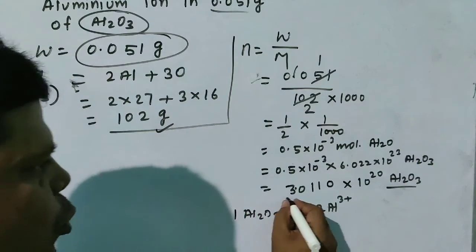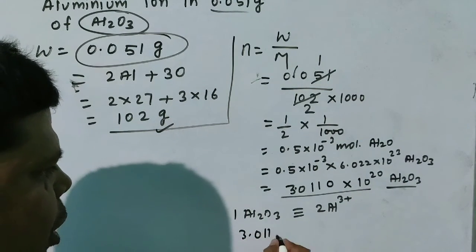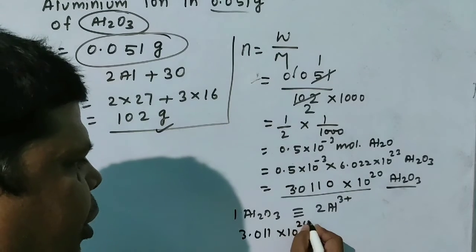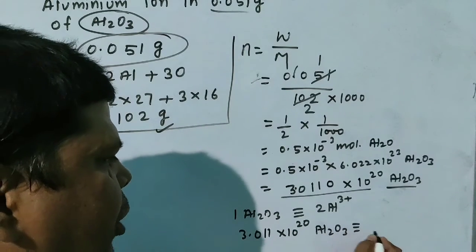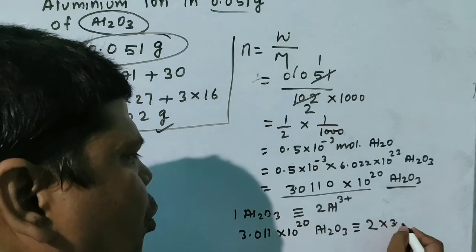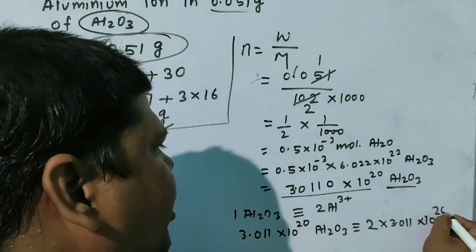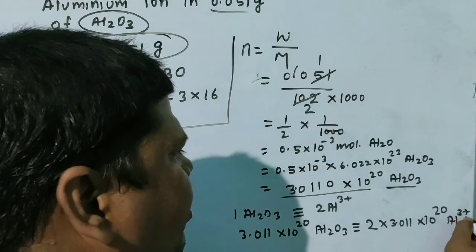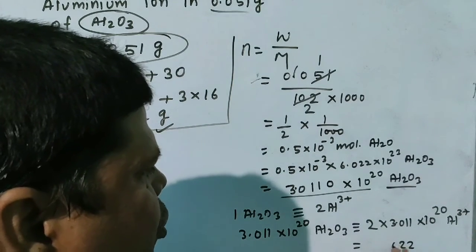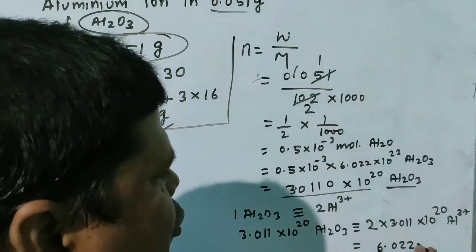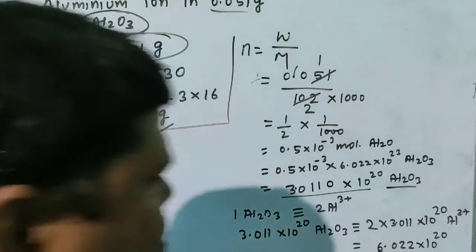So this much aluminium oxide are here: 3.011 into 10 to the power 20 aluminium oxide, it will be equivalent to 2 into 3.011 into 10 to the power 20 aluminium ions, and therefore it becomes 6.022 into 10 to the power 20 aluminium ions. So this much aluminium ion is present.